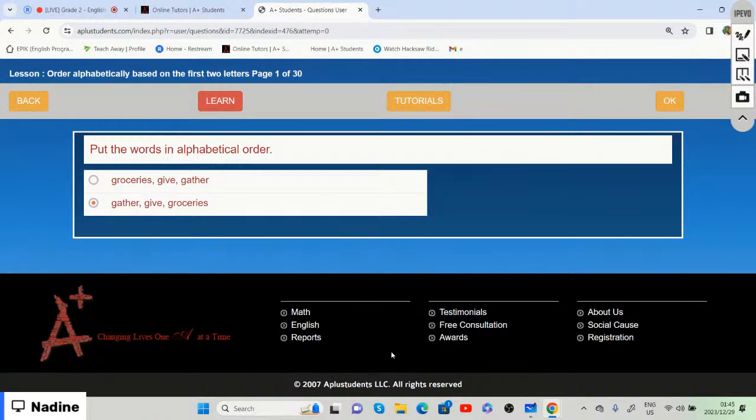So we need to put the words in order by looking at the second letter. And if we look at the second letter, then it's going to be gather, give, and groceries.